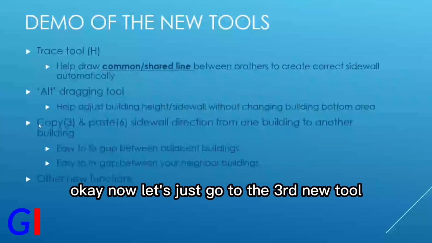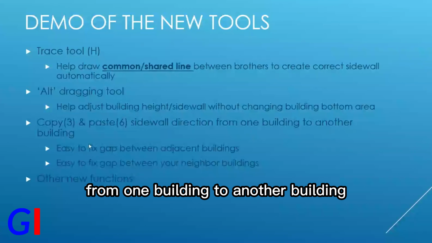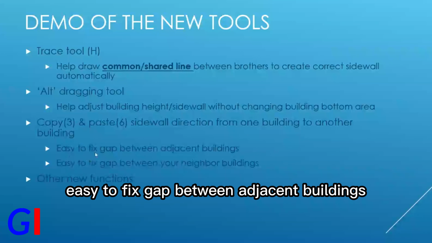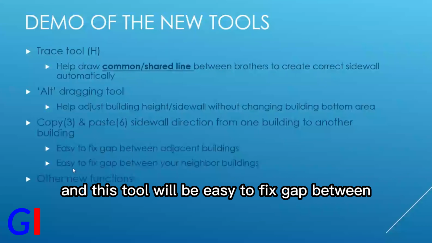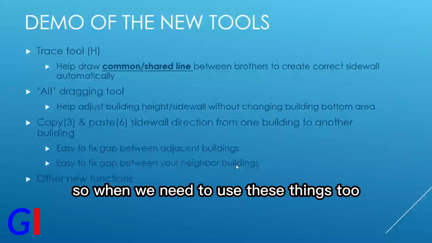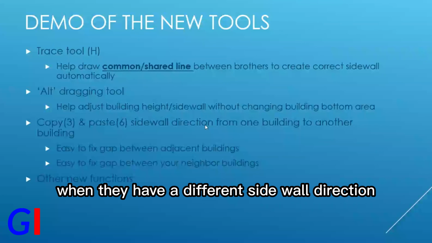Okay, now let's go to the third new tool. It's the copy and paste sidewall direction from one building to another building. This tool will help to easily fix gaps between adjacent buildings. We use this tool when you need to fix two buildings that have a different sidewall direction.